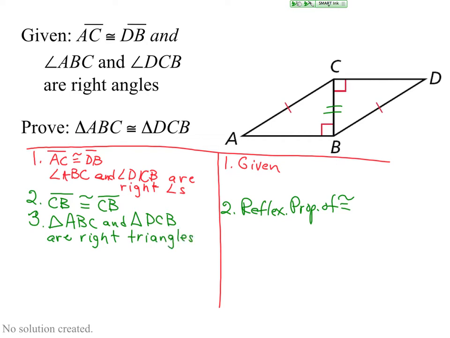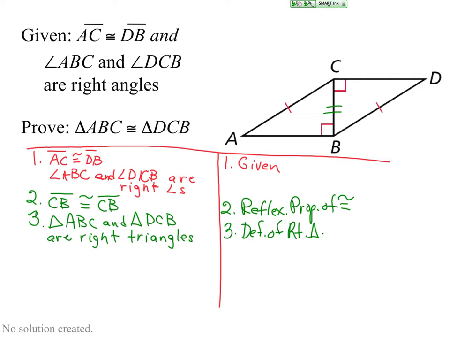No, it's not. But we have to have right triangles to use hypotenuse leg. What did we say our reason was when we were discussing that? Definition of a right triangle. So besides the actual hypotenuse being congruent and the legs congruent, we have to state that there are right triangles if we're going to use hypotenuse leg.